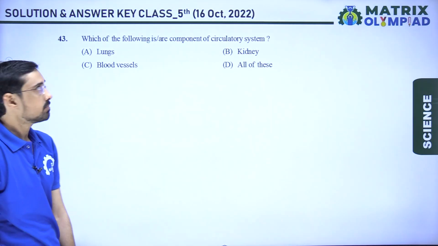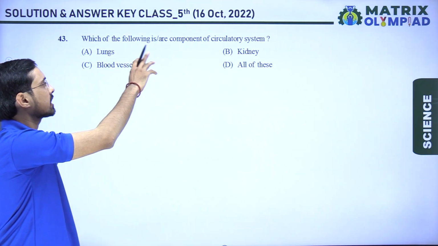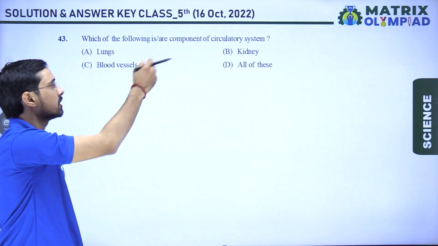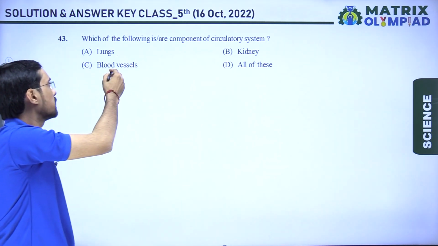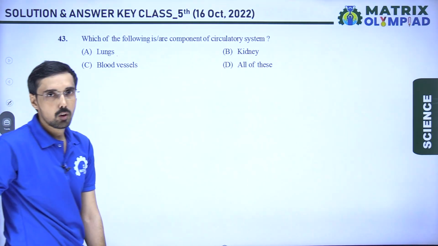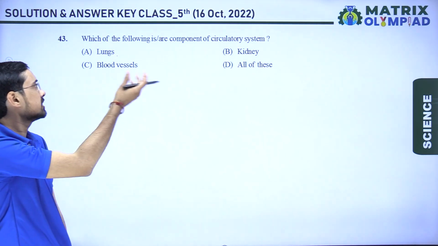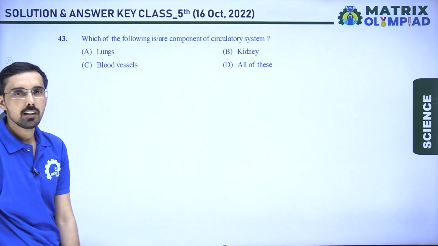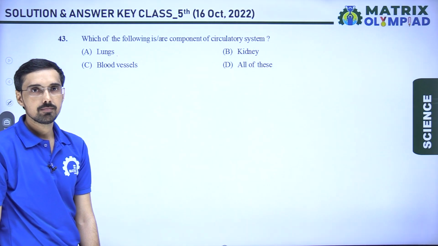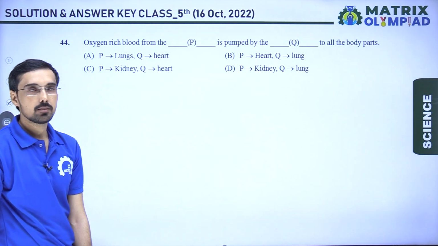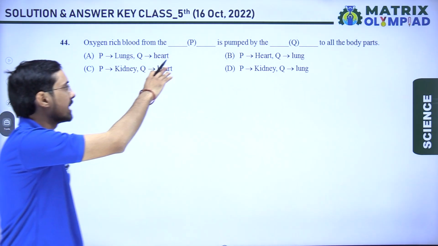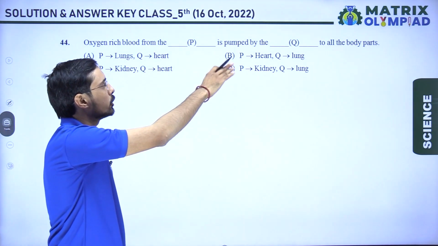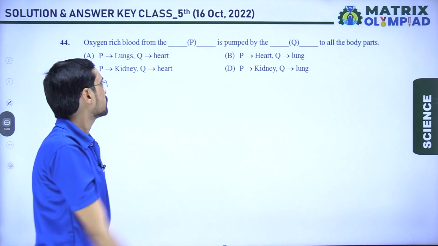Next question, which of the following are component of circulatory system? First is lungs, second is kidney, third is blood vessels, and last is all of these. So the correct answer is blood vessels. It carry blood in our body. Next question is, oxygen rich blood from P is pumped by the Q to the other parts of the body.